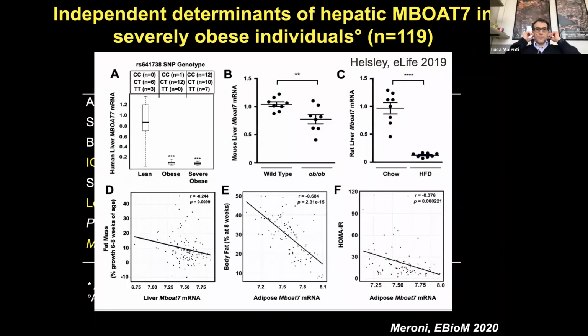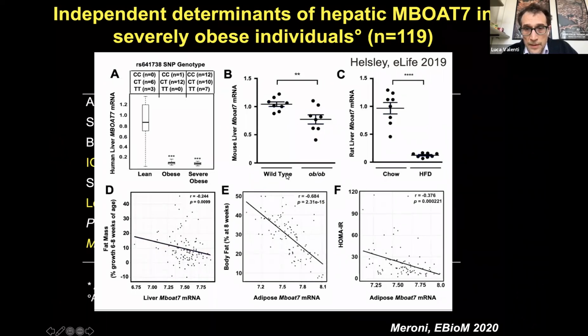This data have also been confirmed by independent groups, such as here. You can see here that MBOAT7 is dramatically downregulated in obese individuals as compared to healthy subjects, and in experimental models as well.